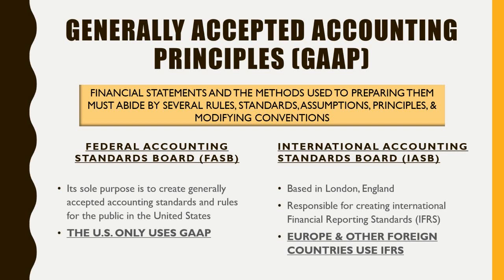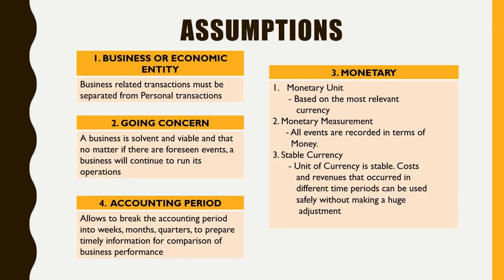Okay, so now we can finally introduce you to the assumptions. So there are a total of 12 things that you are going to be taking a look at, and they're all separated into 3 categories: your basic assumptions, your basic principles, and your conventions.